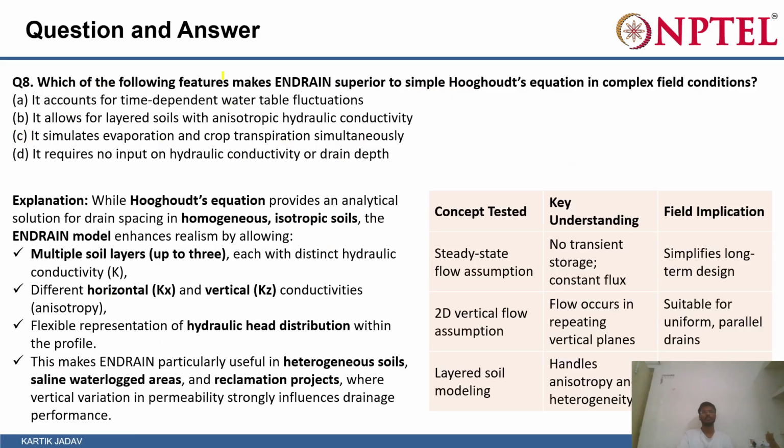Next question: which of the following features makes end-drain superior to the simple Hooghoudt equation in a complex field condition? We know that while the Hooghoudt equation provides an analytical solution for drain spacing in homogeneous isotropic soils, this model allows multiple soil layers, up to three, and we can also define multiple horizontal as well as vertical hydraulic conductivities, that is, anisotropy, and a flexible representation of hydraulic head distribution within the profile.